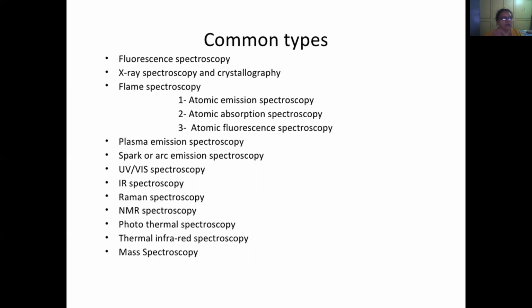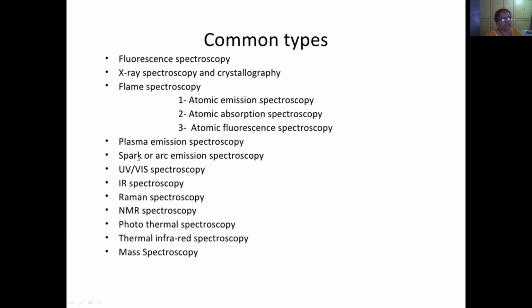Now, what are the common types of spectroscopy? Already I told you there are two types, absorption and emission. Apart from that, we have fluorescence spectroscopy, X-ray spectroscopy and crystallography, then flame spectroscopy. In that you have atomic emission, atomic absorption, and atomic fluorescence spectroscopy.